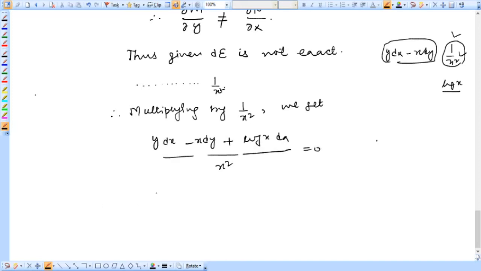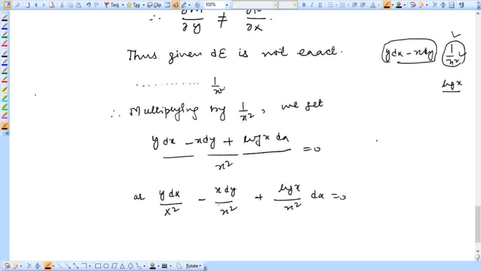Simplifying, y dx over x square minus x dy over x square plus log x over x square dx is equal to 0.